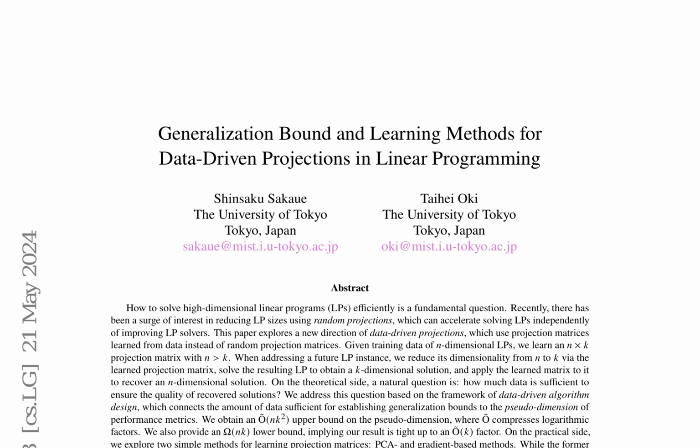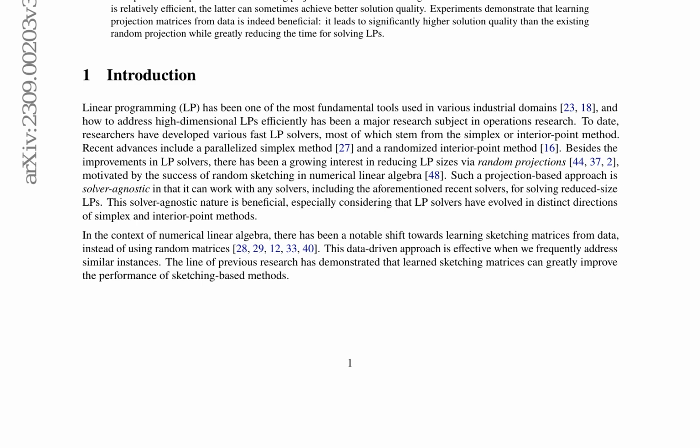Theoretical analysis provides an upper bound of O(nk²) on the pseudo-dimension and a lower bound of Ω(nk), indicating the result's tightness up to an O(k) factor. Practical methods for learning projection matrices include PCA and gradient-based methods, with the gradient-based method offering better solution quality under certain conditions.